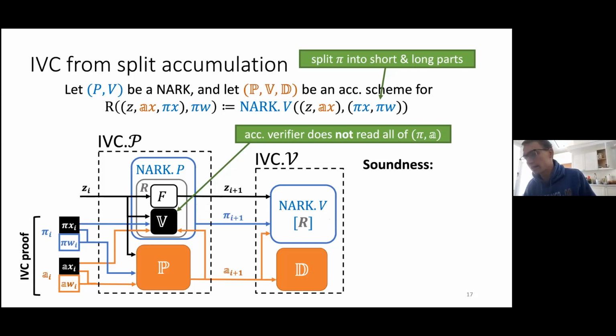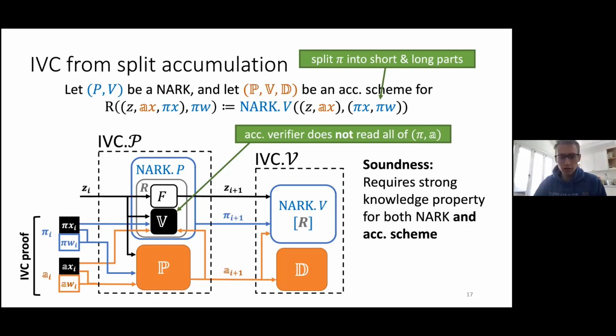So even though the accumulation verifier only reads the short part of the accumulator, we need that we can extract the accumulation witness whenever we have an adversary that can convince a decider and an accumulation verifier. So from these strong soundness properties for both the NARC and the accumulation scheme, we can prove soundness for the entire IVC construction.